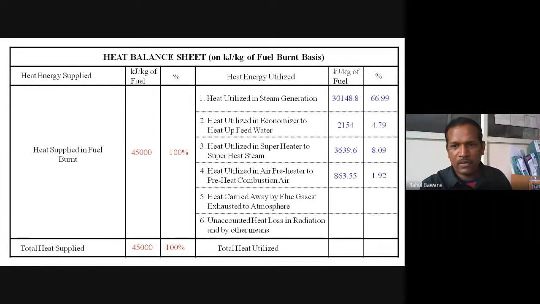Air preheater 1.92% amount of heat is utilized. Then exhaust gases entering the atmosphere, that is thermal pollution we can say. So it is 7.23% of total heat generation is exhausted into the atmosphere, and unaccounted is 10.98%.